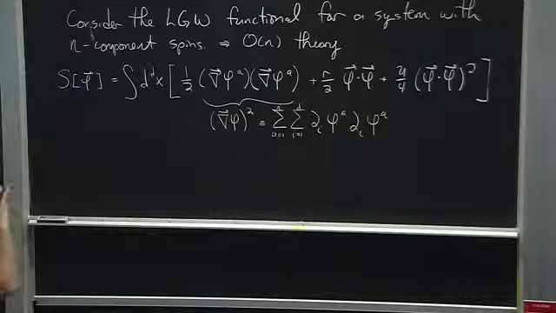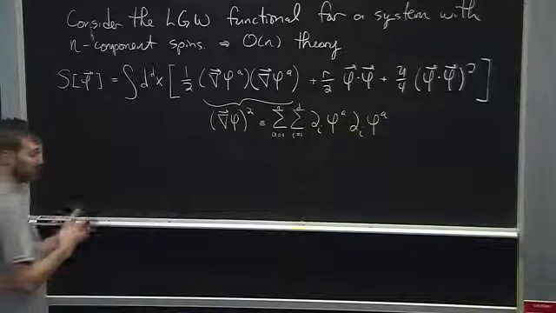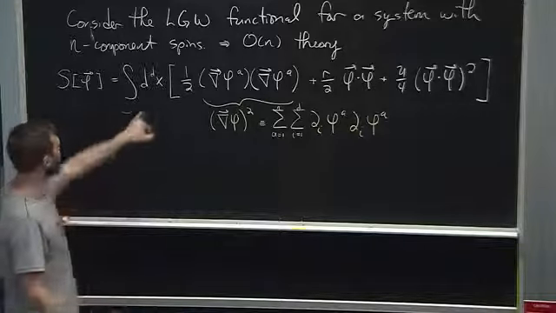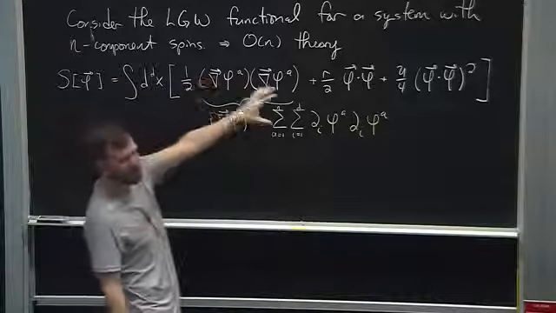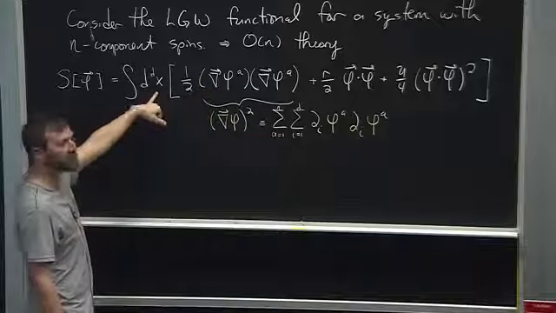Okay, so the first thing I'm going to do is take this vector component field, and write it as a magnitude and a direction. So remember, there's a spatial dependence, right? This is a functional, because every field is a function of x.